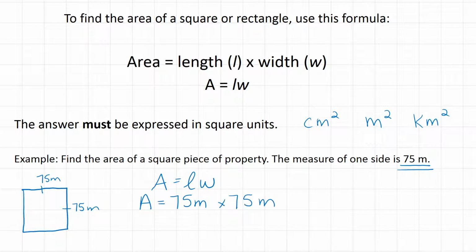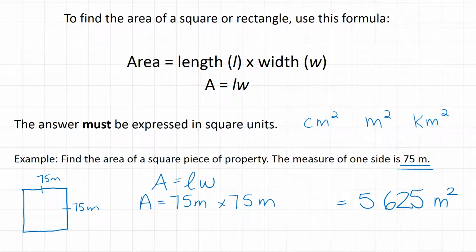You can just do this on a scrap piece of paper, so go 75 times 75 and multiply and regroup. When you multiply and regroup and add up the two partial products, your final answer is 5,625 meters squared. So the area of a square piece of property that measures 75 meters on one side is 5,625 meters squared.